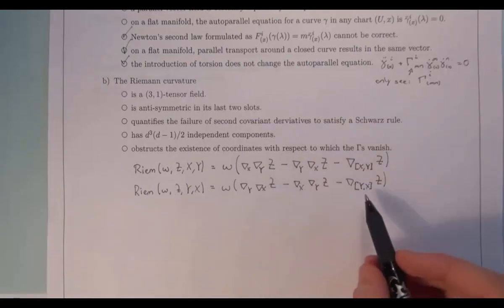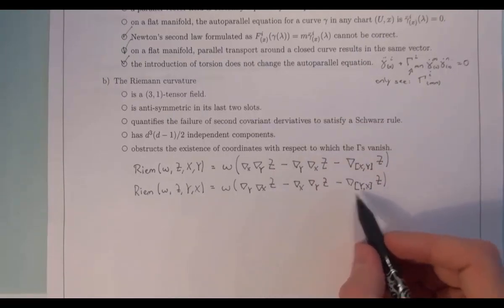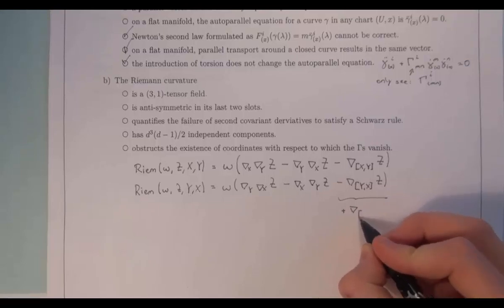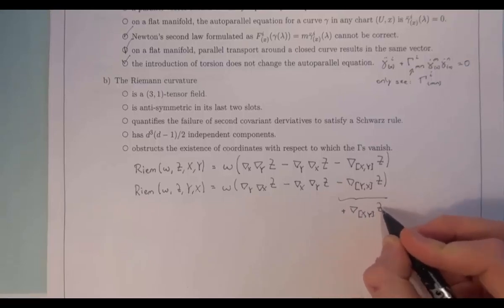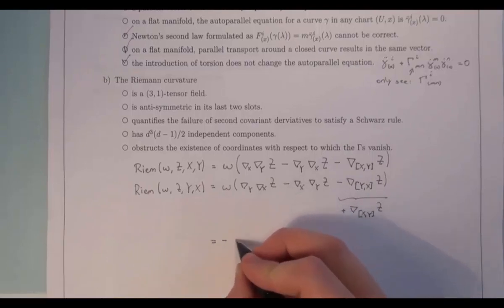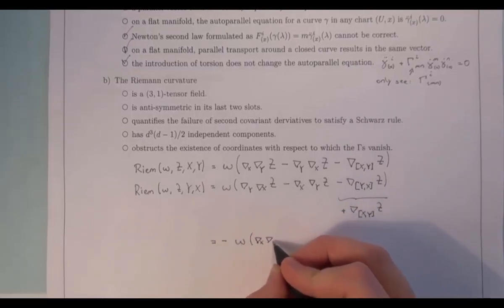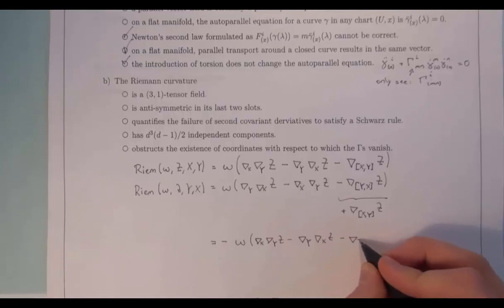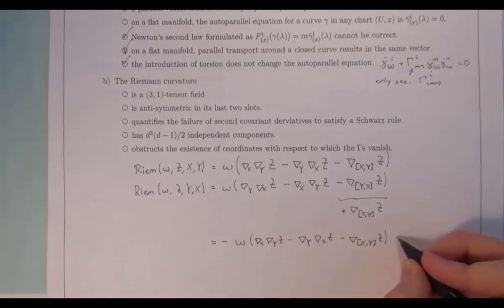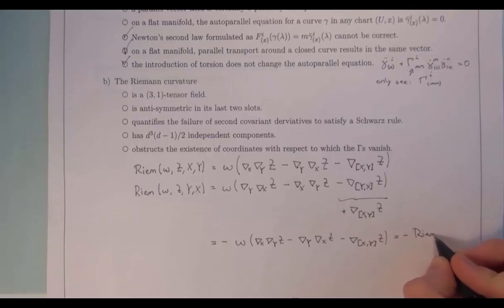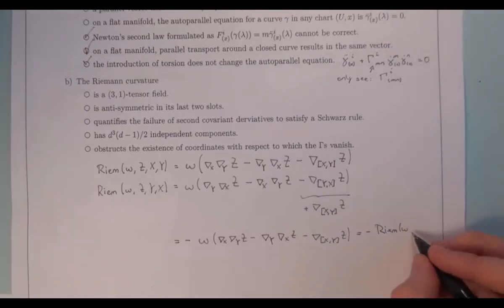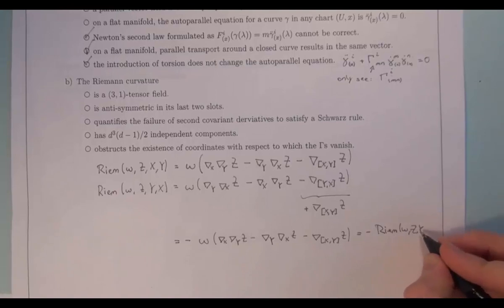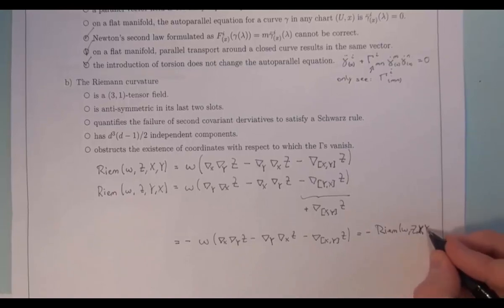Also, if we change the entries in the commutator, we get a minus sign, and then we see that we can pull out an overall minus sign, and we end up again at an expression we identify as minus Riem of omega, z, x, y.